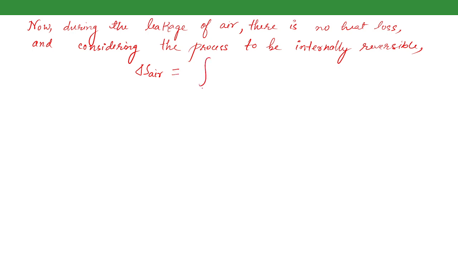So there is no other heat transfer during this process. So del q by T, entropy generated, there is no heat loss, there is no entropy generated. If we assume an internally reversible process, then delta S of air is 0.